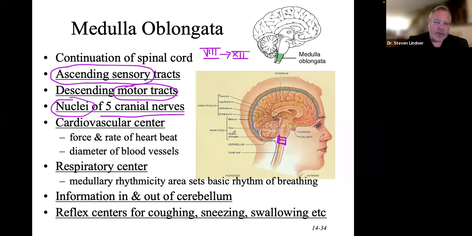We could do pre-blood pressure and then post-blood pressure checks. So before we do a treatment or an adjustment of the upper cervical region, take the patient's blood pressure, make the adjustment, let them rest for a period of time, and then recheck their blood pressure and watch it drop.